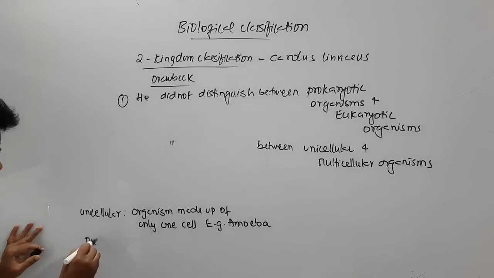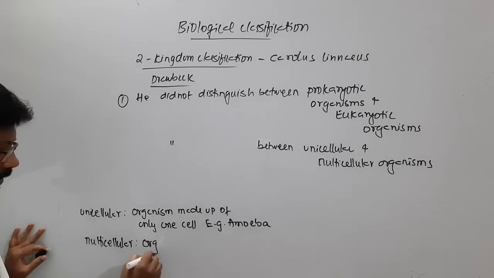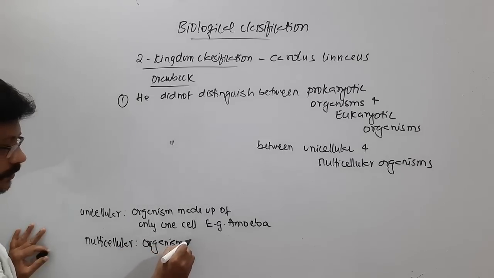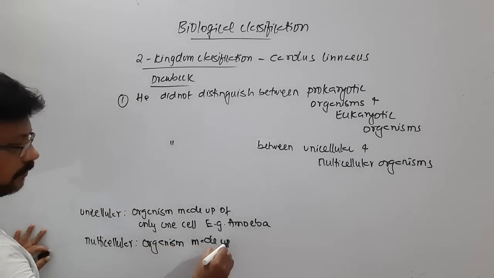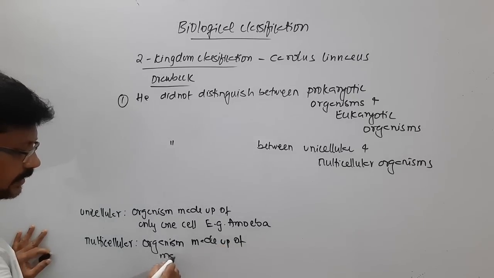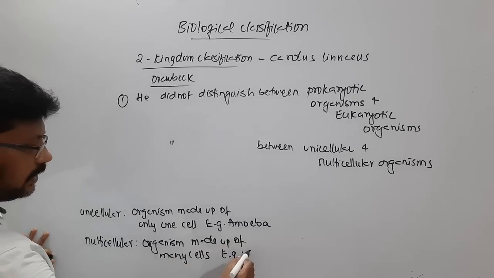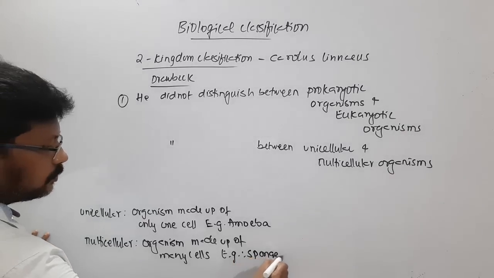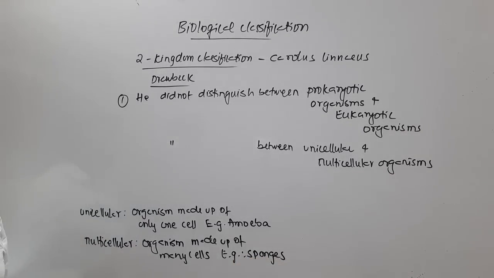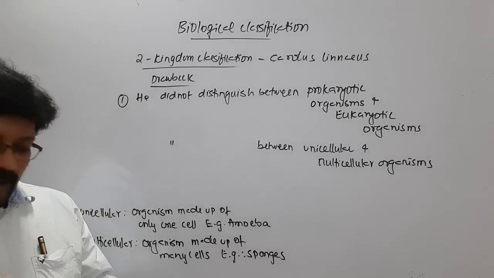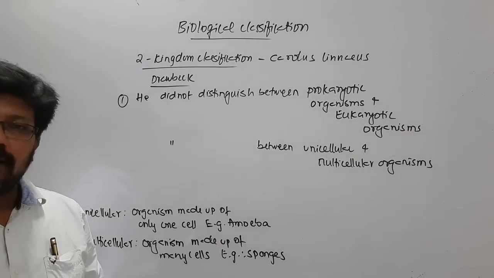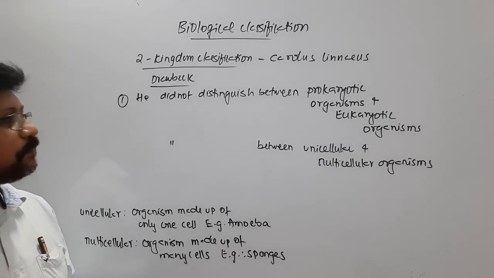Then coming to multicellular, in this case the organism is made up of many cells, like we see in the case of sponges, which belong to phylum Porifera. We'll see what these sponges and Porifera are in our coming sessions, right?